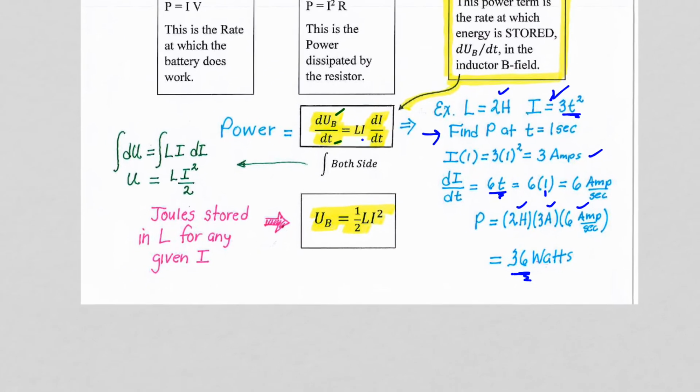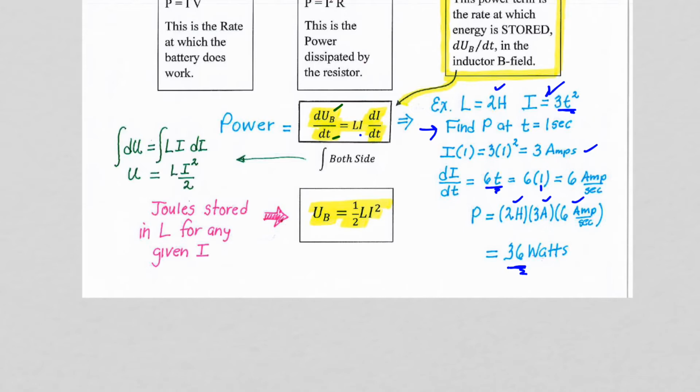Well, to go from our power expression to an energy expression, we are simply going to integrate both sides, so please make sure you get this down into your notes. So our integral expression is nothing more than our power expression, where we're going to cancel out the dt's, the time differential. Now when we integrate both sides, the integral of dU is U. L is a constant, so it comes out of the integral.